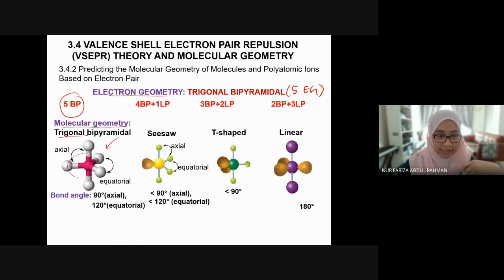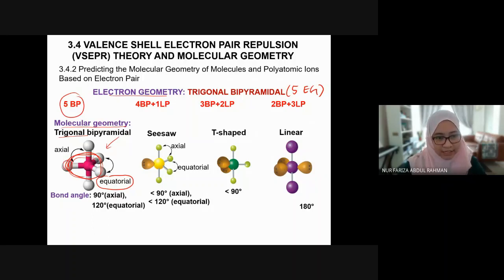So trigonal bipyramidal can be divided into 2 parts. One is at this round area. This is like trigonal planar, guys. Trigonal planar has 3 atoms and it is flat. So that will be the center. This is what we call the equatorial position, like our equator.